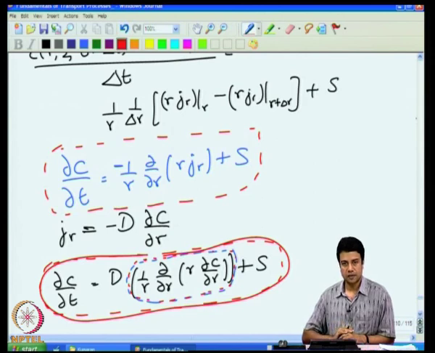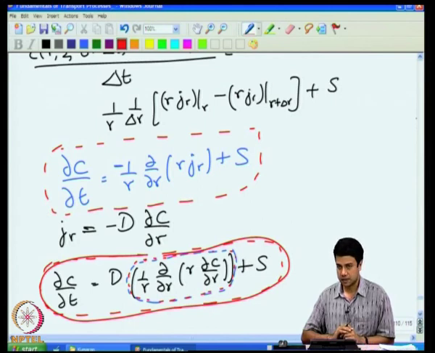This more complicated form of this term is because the surface area is changing as the r coordinate changes. The cylindrical surface area is equal to 2 pi r times delta z. Okay. That surface area is changing as r changes. So, there is going to be a contribution to accumulation within that volume or transport across the surface due to the change in the flux as well as the change in the surface area.